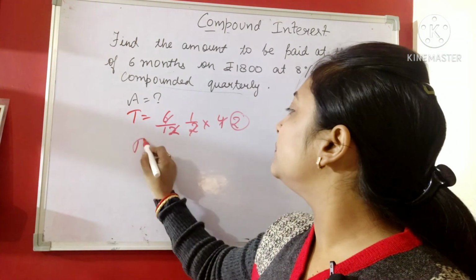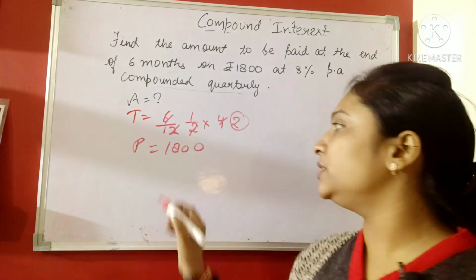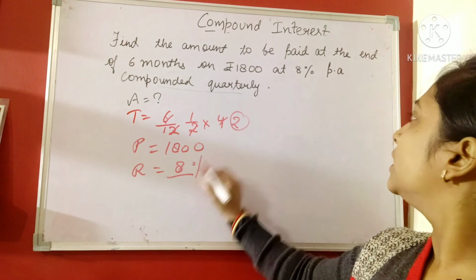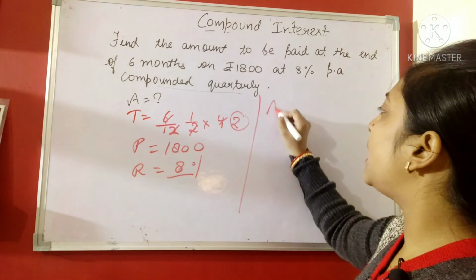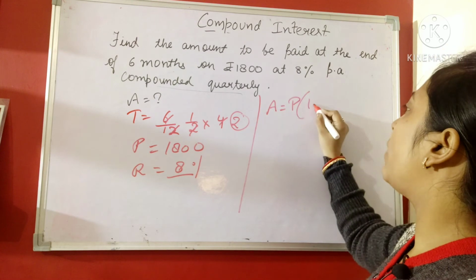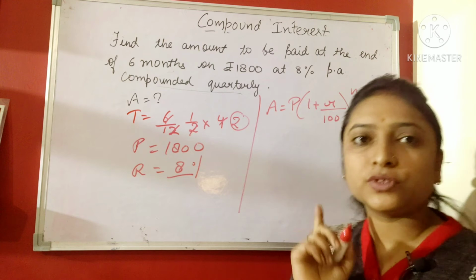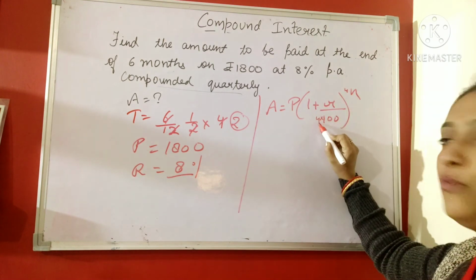Now principal is rupees 1800 at 8% rate of interest, which is compounded quarterly. So amount is equal to P into (1 plus R by 100) raised to the power n, which was the normal formula. We multiply by 4 here and divide by 4 here.